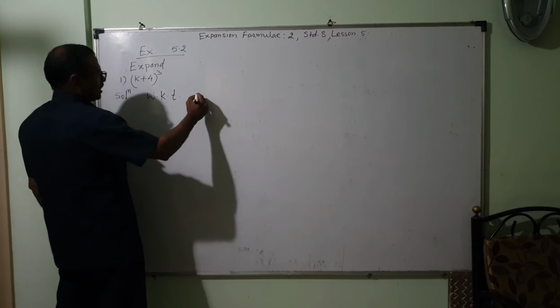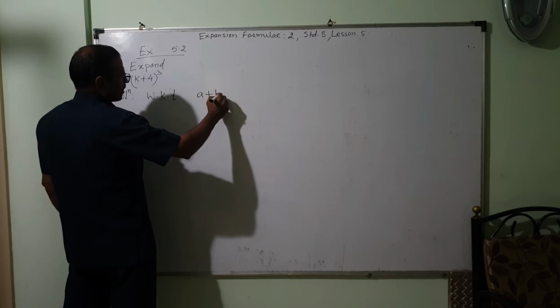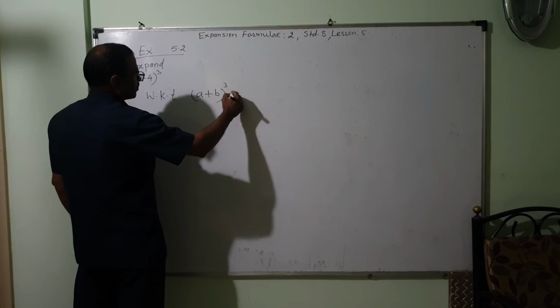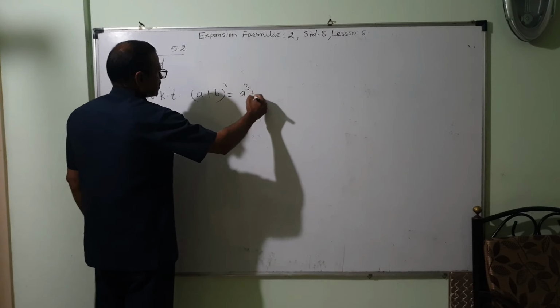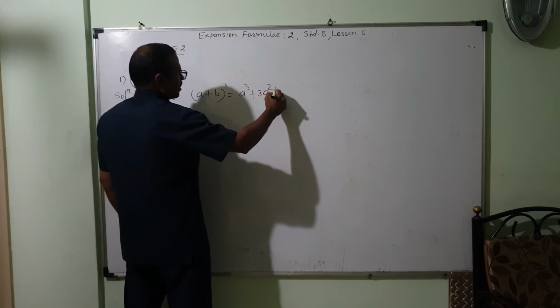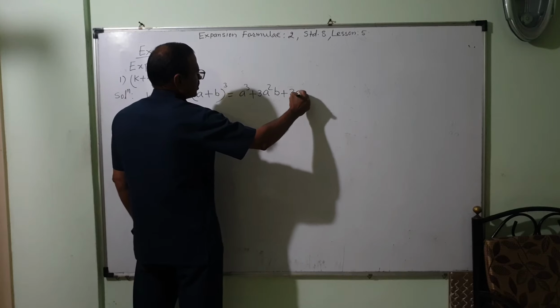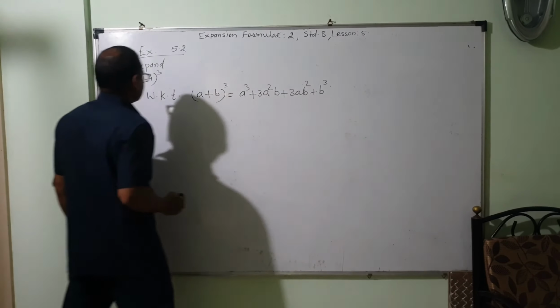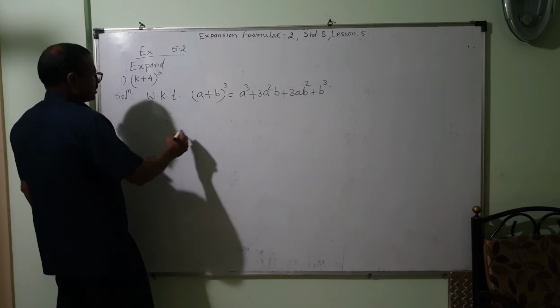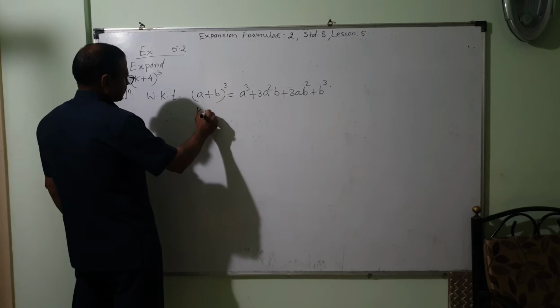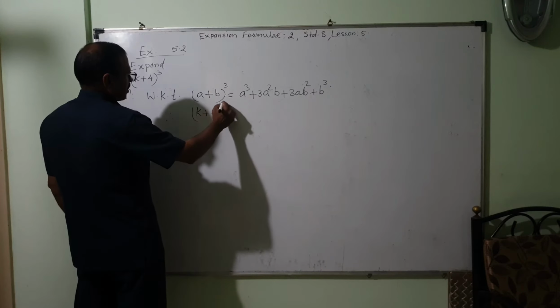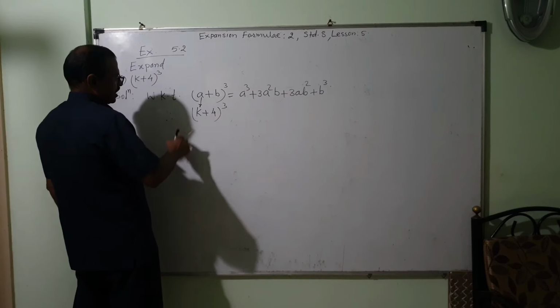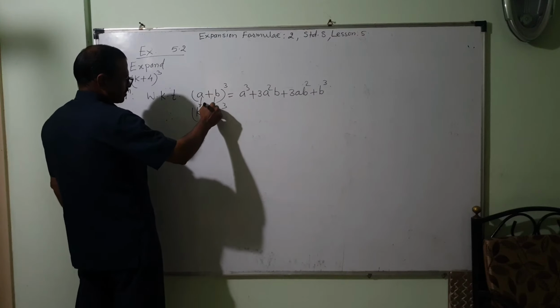We know that (a + b)³ = a³ + 3a²b + 3ab² + b³. Therefore, ours is (k + 4)³. Here a means k, b means 4.